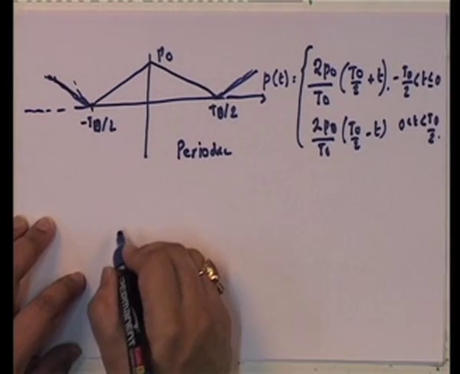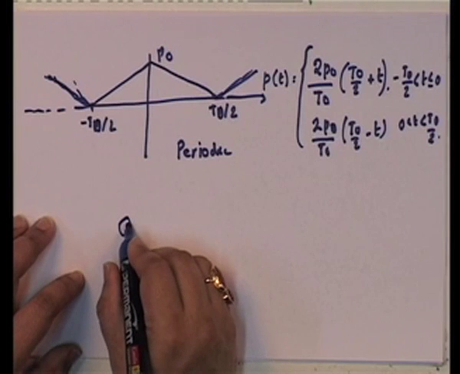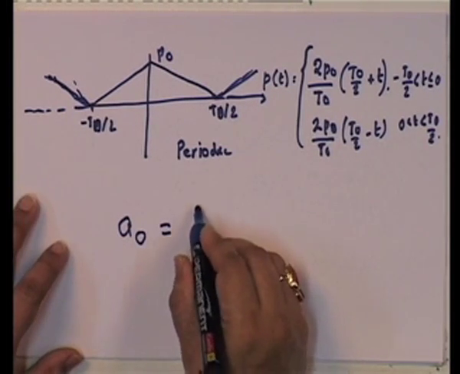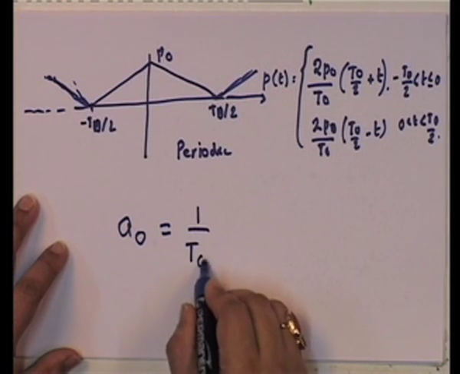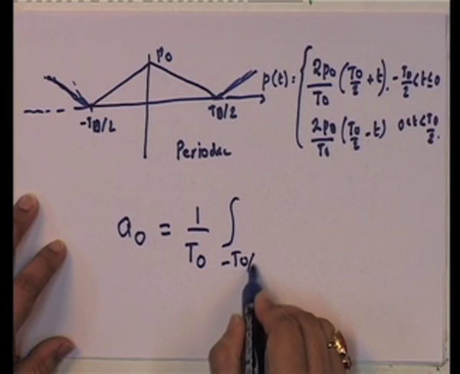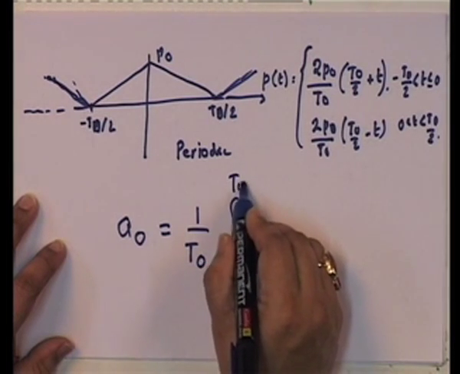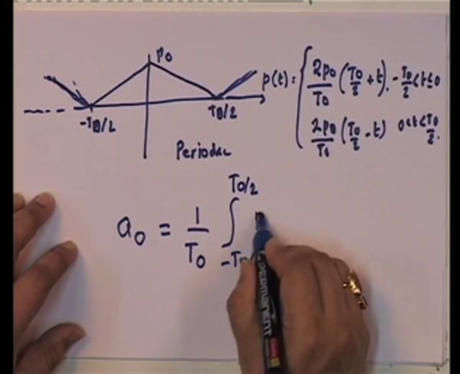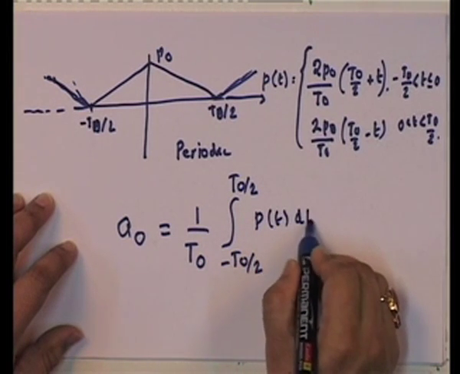Well, let us look at A 0. A 0 is equal to 1 upon T naught, since I am going from this to this, okay, P t dt.